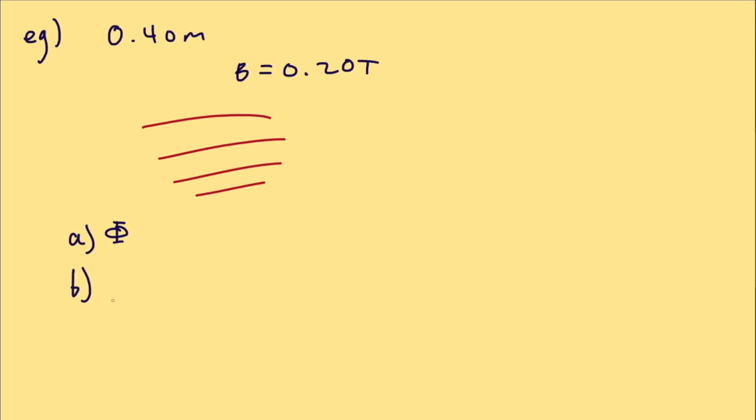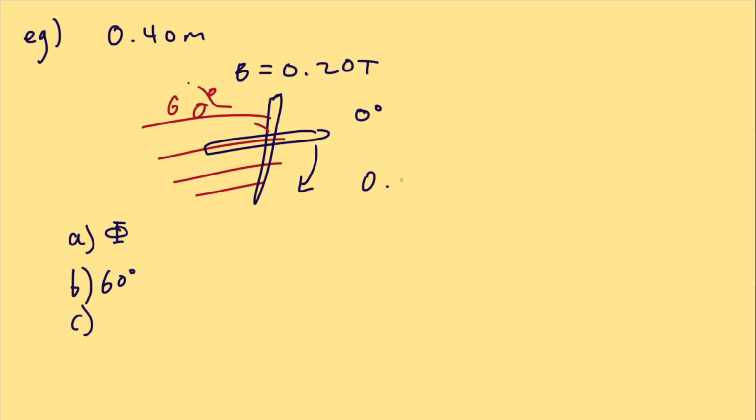Second, what is the flux when the field makes an angle of 60 degrees with the surface? And finally, if the loop that our field is passing through is rotated from 0 degrees to 60 degrees within 0.1 seconds, and it has a resistance of 0.15 ohms, what is the induced current that comes from this? Let's go through this step by step.